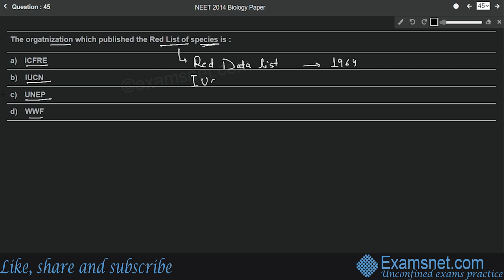Okay, IUCN, that means International Union for Conservation of Nature, right? And it is the world's most comprehensive inventory of the global conservation status of biological species. Okay, so the correct answer will be option number B, IUCN.